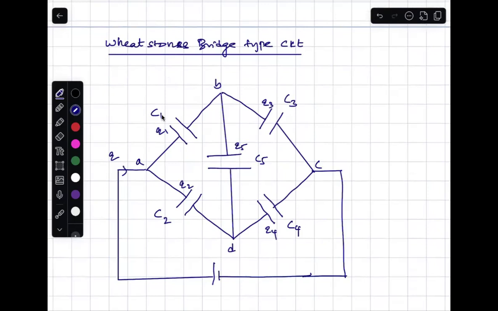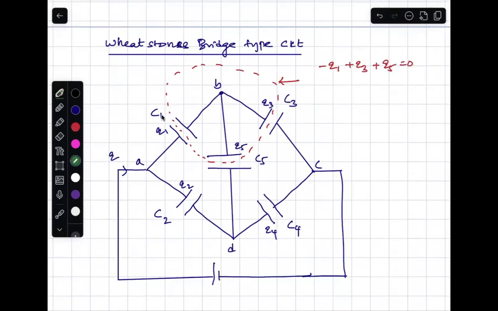Then what does the law state? B is an isolated part, because I am not connecting B to earth or to any battery. So therefore, in this case, minus Q1 plus Q3 plus Q5 is equal to 0.